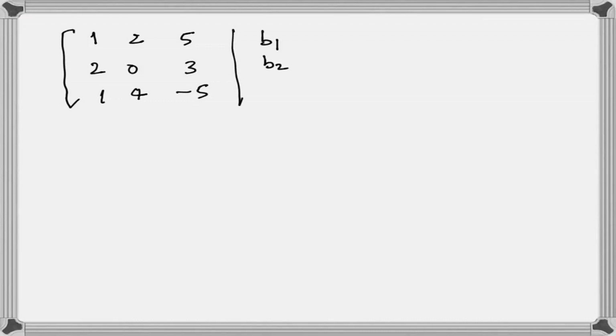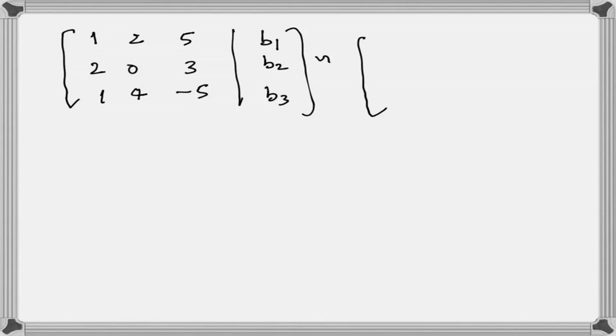Okay, so let's write the augmented matrix of the system: 1 2 5; 2 0 3; 1 4 minus 5; and b1 b2 b3, and then you just reduce it.